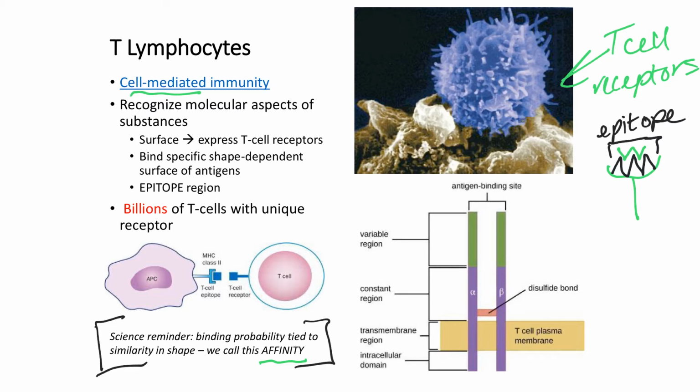So when a cell displays an antigen fragment, the hope is that throughout T cells moving throughout the circulation, at one point a T cell receptor will have a shape that is close or matches the epitope portion of an antigen fragment, and those two things will bind. And that's what you see here.